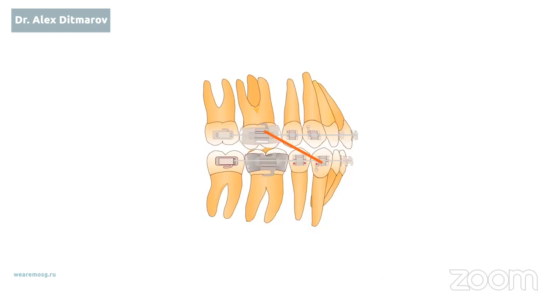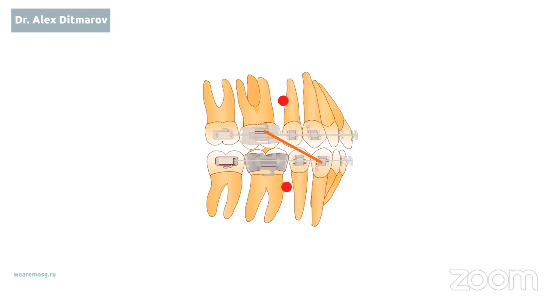We know that elastics are causing some effects on our occlusal plane inclination, right? So when we are giving class 3 elastics to the patient, what are we about to expect? We know that the center of resistance of our upper occlusal plane is just in the middle of the dentition. Same goes for our lower occlusal plane.